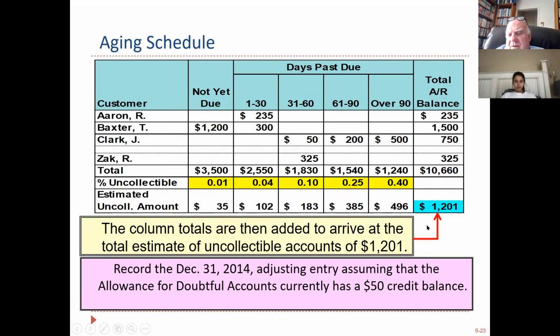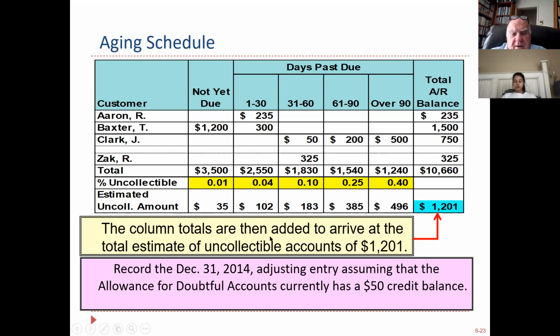What makes it tough, Kaylee, is the 1201 is not the bad debt expense. It is the amount we want to see as the balance in the allowance account at month end. When you're doing the aging, you're going over everything. You're reinventing the wheel every month, which is what you should do. So you're looking at your aging and you're saying we need 1201 in the allowance account.